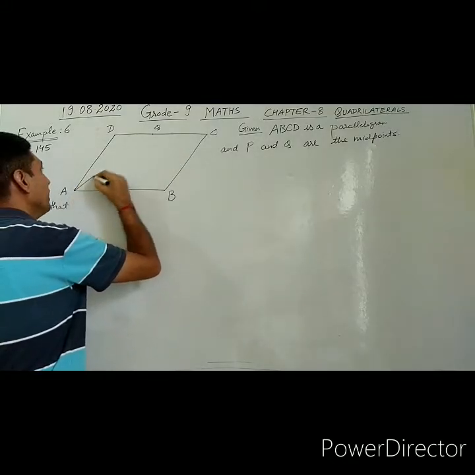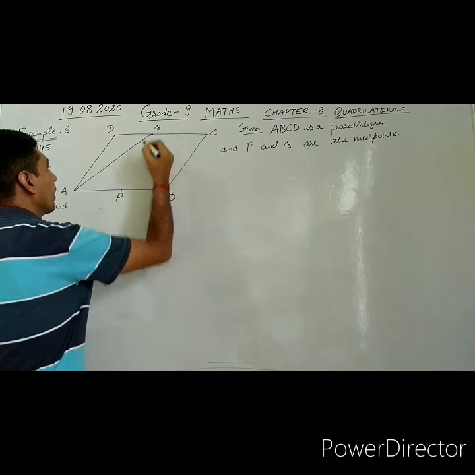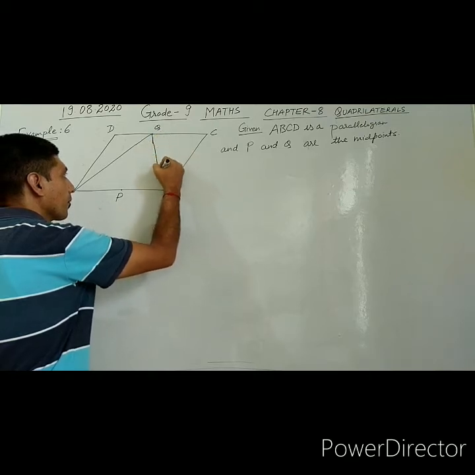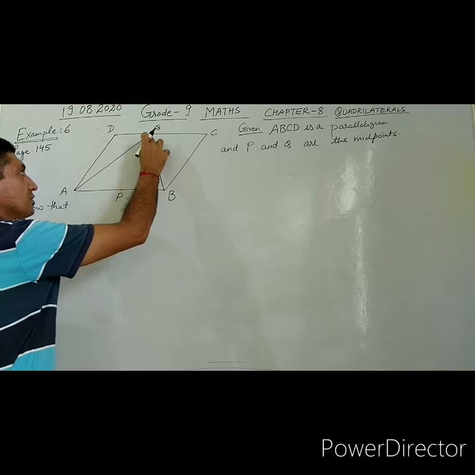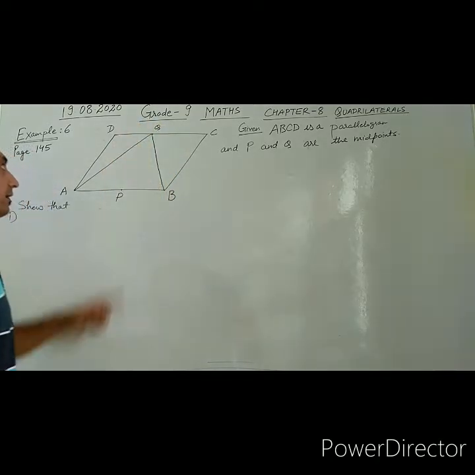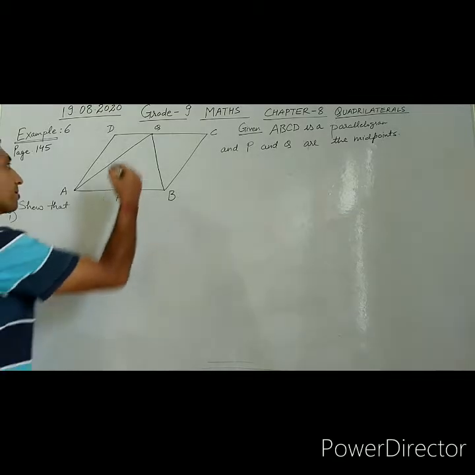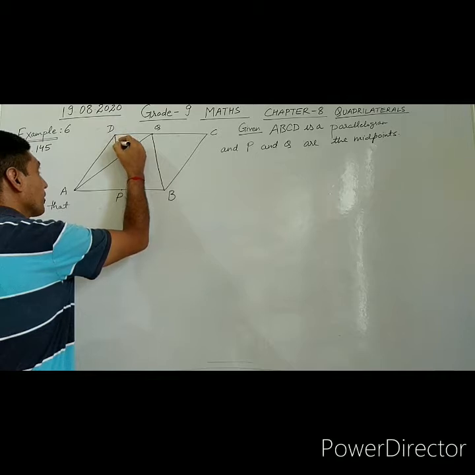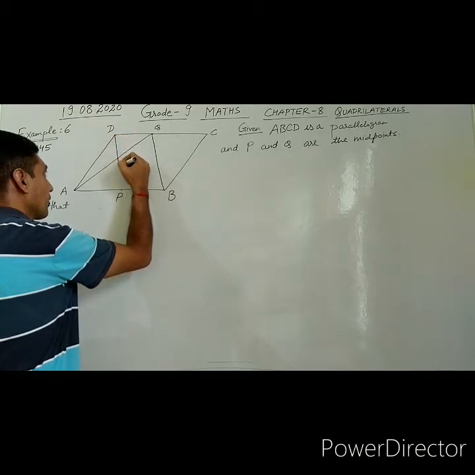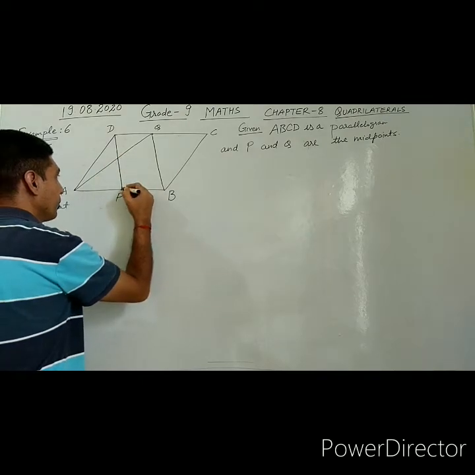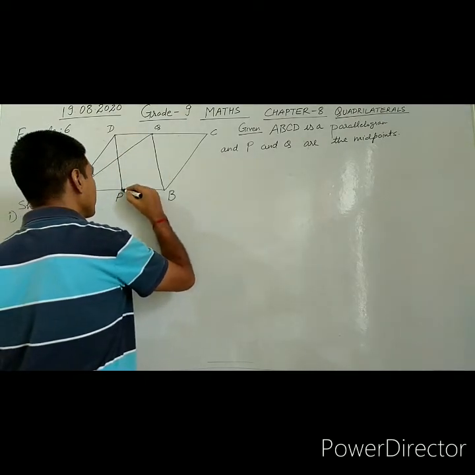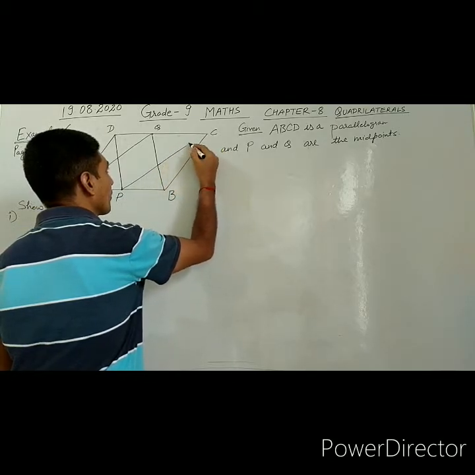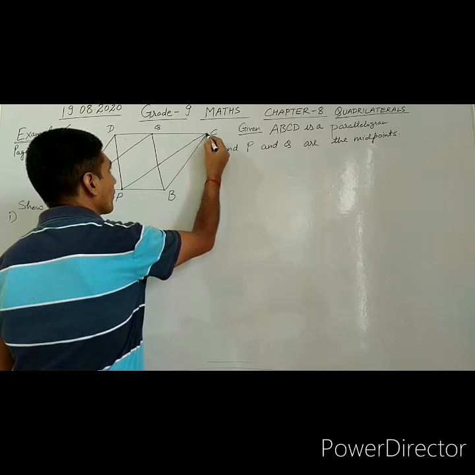A with Q we will join, and Q with B. Similarly, we will join here D with P and P with C. So here join D with P and the point P with C. Right?